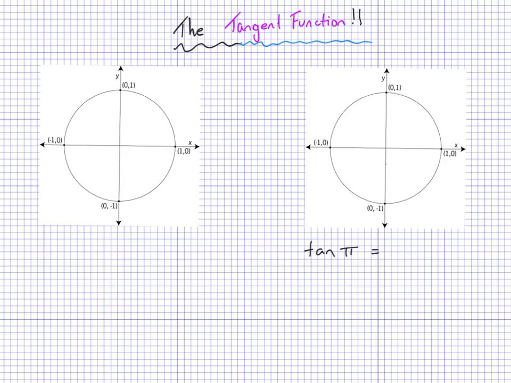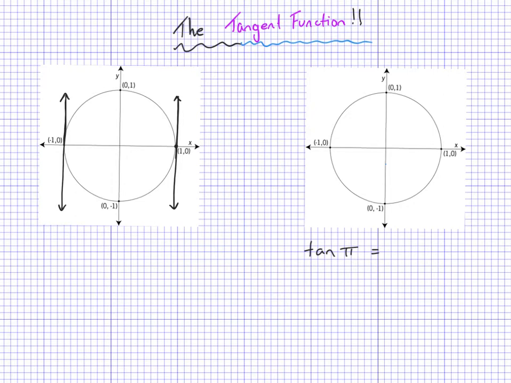The tangent on the unit circle is actually drawn as a vertical line here. I haven't drawn it very well, but it touches there at (1, 0). Or it can be drawn on the opposite side here. It can extend infinitely in each direction. So that's the tangent line.